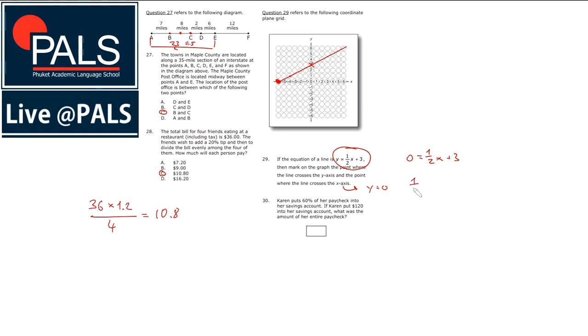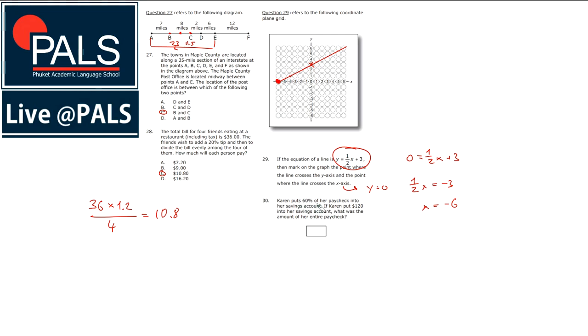So that means 1 over 2x is equal to minus 3. And then we need to get rid of the 1 over 2 by multiplying by 2. x is equal to minus 3 times 2, minus 6. And that's what we marked here, minus 6.